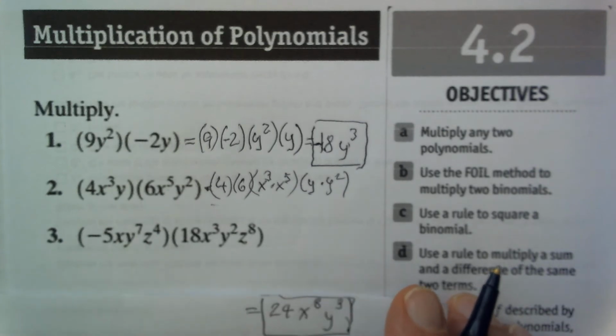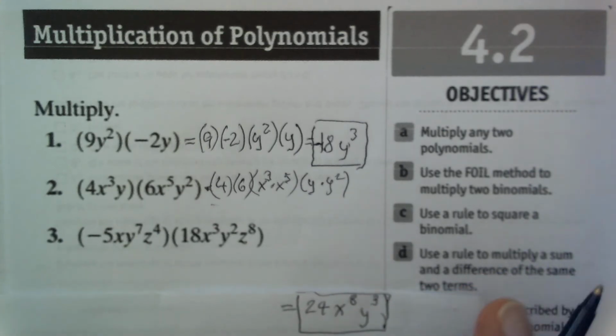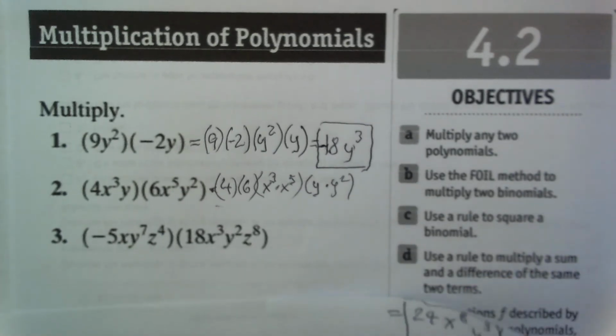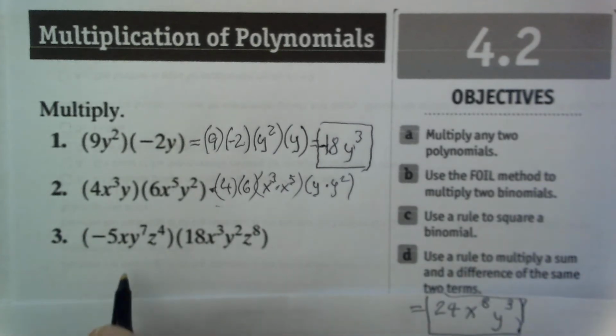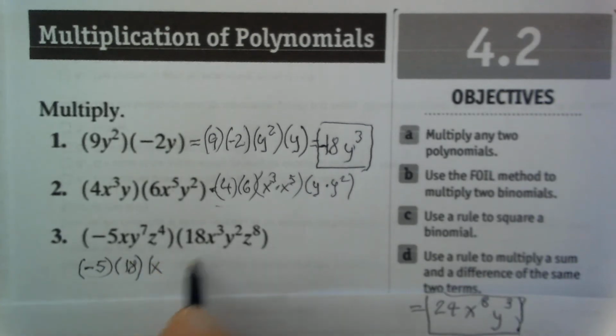And the third exercise is very similar to what we just did. Again, if we take the approach, we write the coefficients first. We multiply the coefficients. So that's minus 5 times 18. And then we have an x here, and we have an x to the third there.